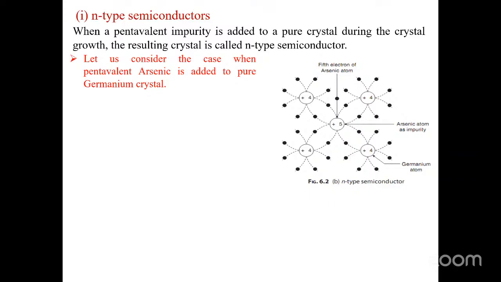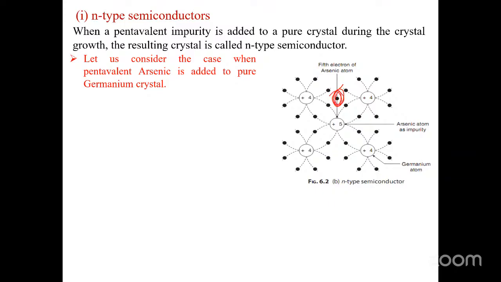You can see the figure here, N-type semiconductor material, fifth group. 5 electrons are there in arsenic, whereas silicon or germanium has 4 electrons. 4 out of 4 form covalent bonds between them, but only one excess electron is there. There is no other electron to form a covalent bond with it. Which one is the excess one? This one is the excess one.